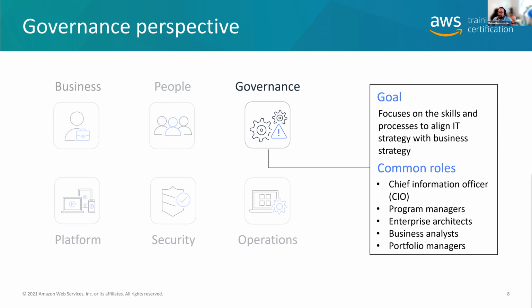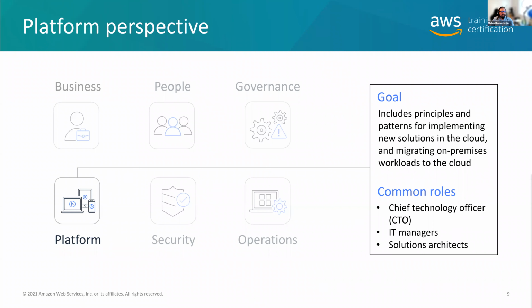This is where you've got the CIO and the program managers and enterprise architects making sure that our business processes are aligned up. And then we got the platform. So this is new solutions, new patterns, CI/CD pipelines, other delivery platforms that deliver in the cloud. This is where the CTO is going to live, as well as IT managers and solutions architects.